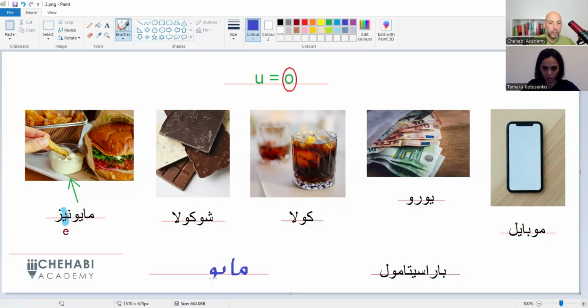Yo. You see? After the waw, I have to leave a gap. Noon. Zay. Mayonnaise. Any other word? This is also euro.